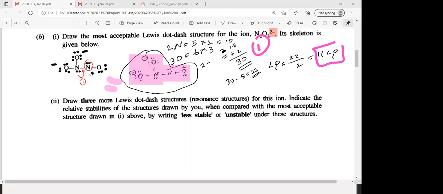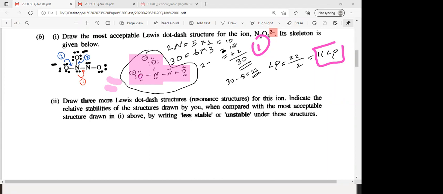Or you can have this oxygen double bond from this side. I'll put it with the blue arrows. So you can have the double bond here. That is the second one. Or else you can make the double bond there. These are the 3 things.